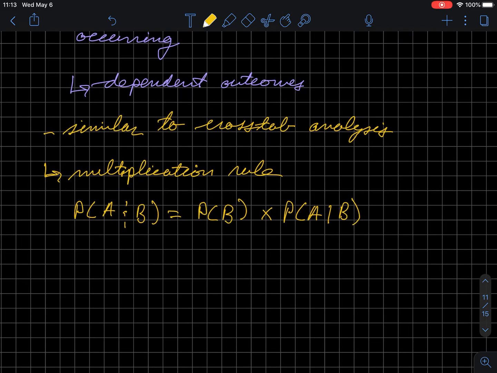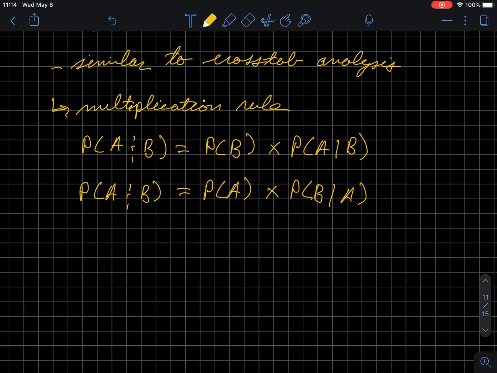We can also reverse it, and so we could also find that the probability of A and B is going to equal the probability of A times the probability of B given A. So the formula is reversible, so we can find the conditional probability either way, right? And it really depends on what we're trying to figure out.